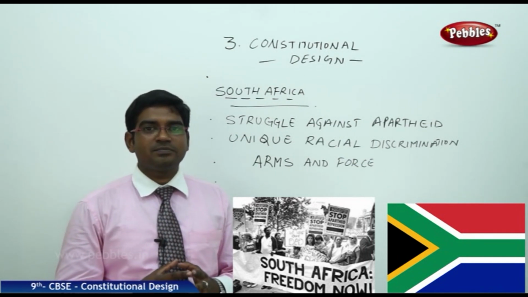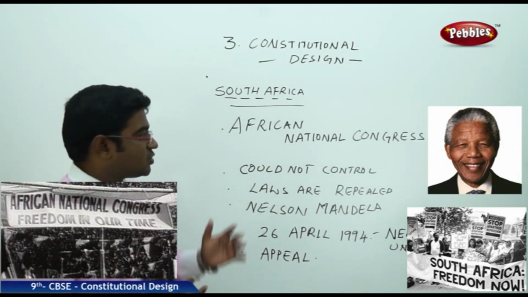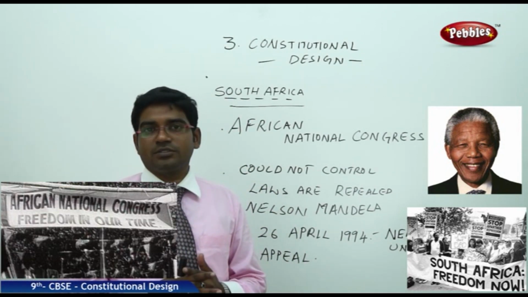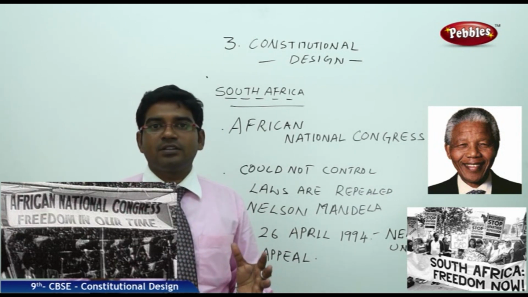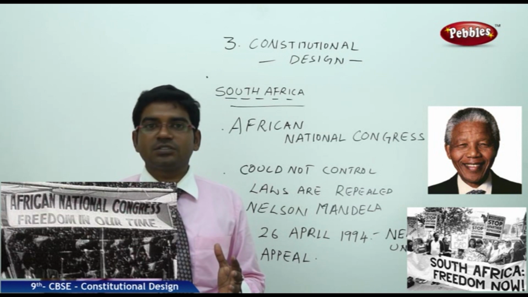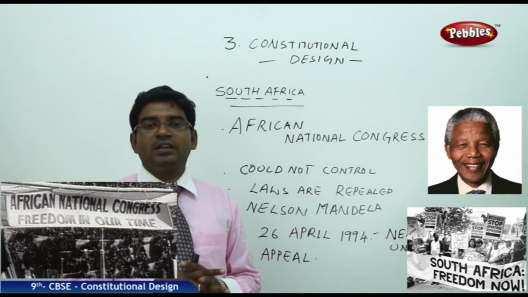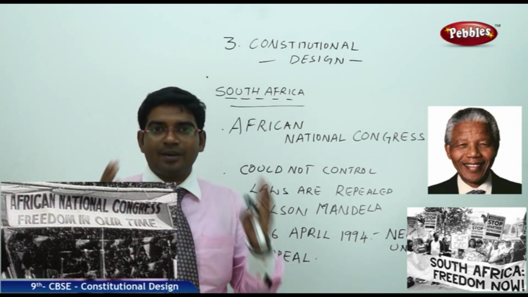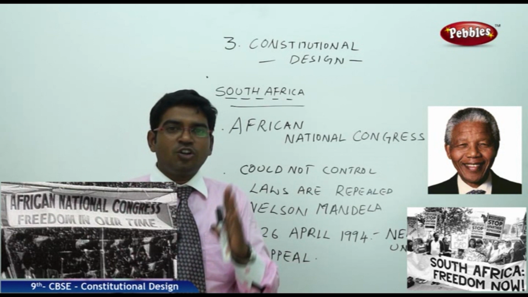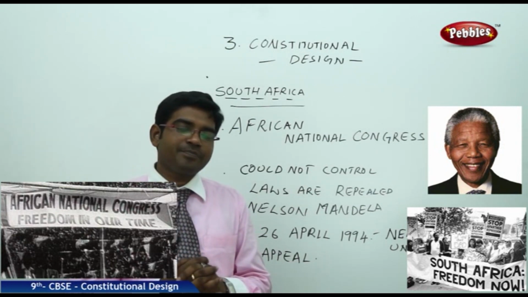What happened then? As time passed, the African National Congress came into existence. It is the umbrella organization and was later supported by all the organizations which opposed the ideology of apartheid. They wanted to end the apartheid philosophy, which was being followed on the basis of discrimination against their own people.